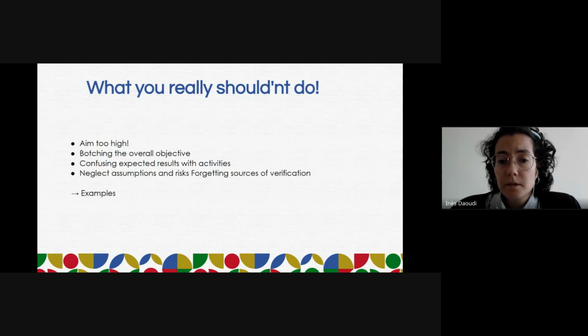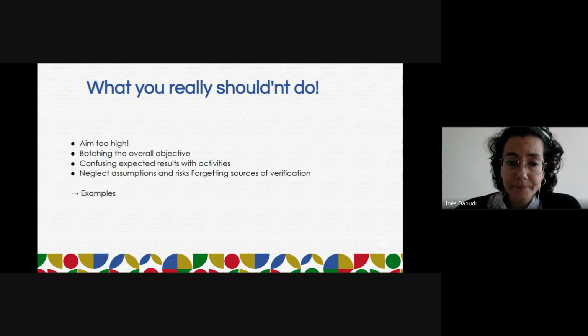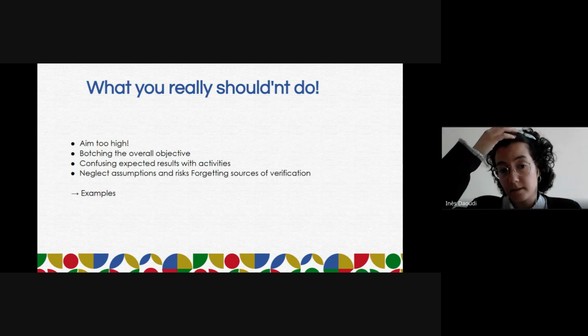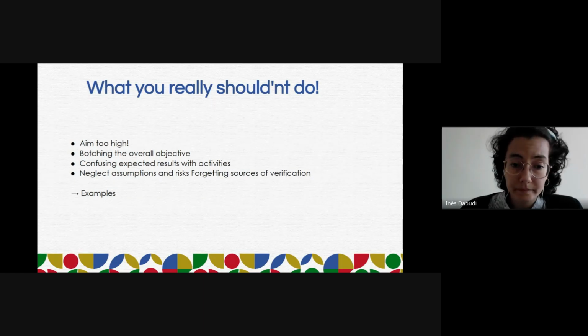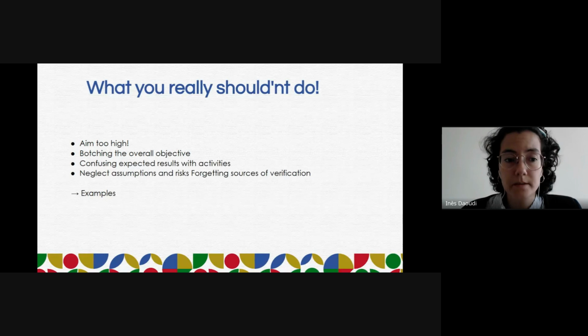It is basically measurable changes, okay? That describe immediate and direct changes. We can say that the expected results should be SMART. You know, SMART: S for specific, M for measurable, A for achievable, R for relevant, and T for time-bound. So that is very important to keep in mind.